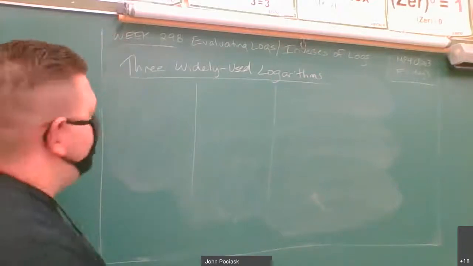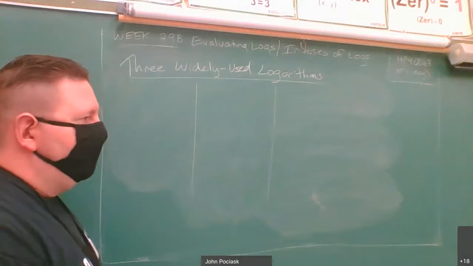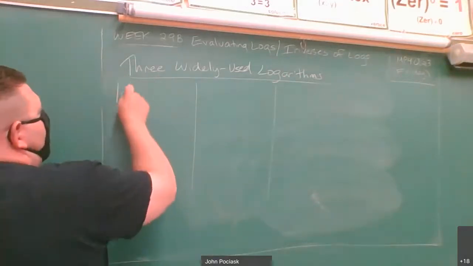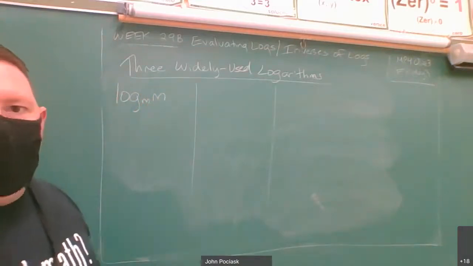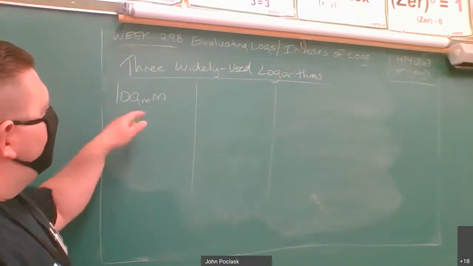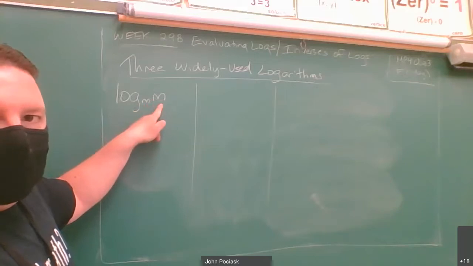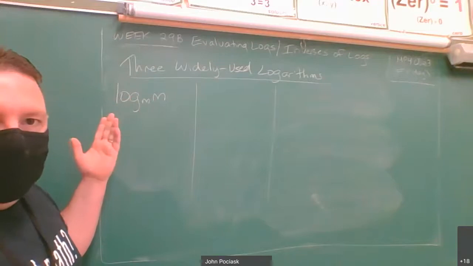The first one is, and I'm going to use just a random letter, I'll use m, okay? Log base m of m. What it's asking you is m to what power equals m? The answer is 1 for any number that you put there.